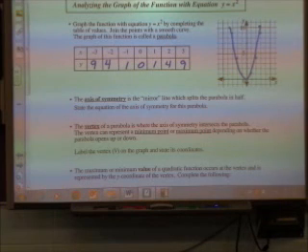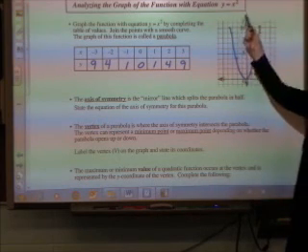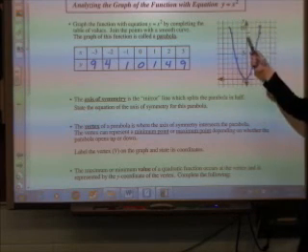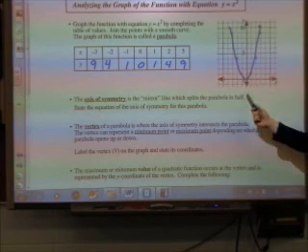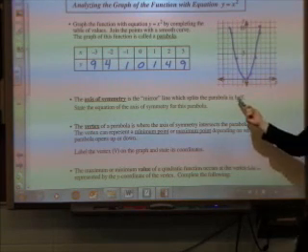If you notice, this parabola has a line of symmetry. It goes right down the middle. It splits the parabola in half. So what is this line of symmetry in this parabola? Where do I find it? It's the y-axis.